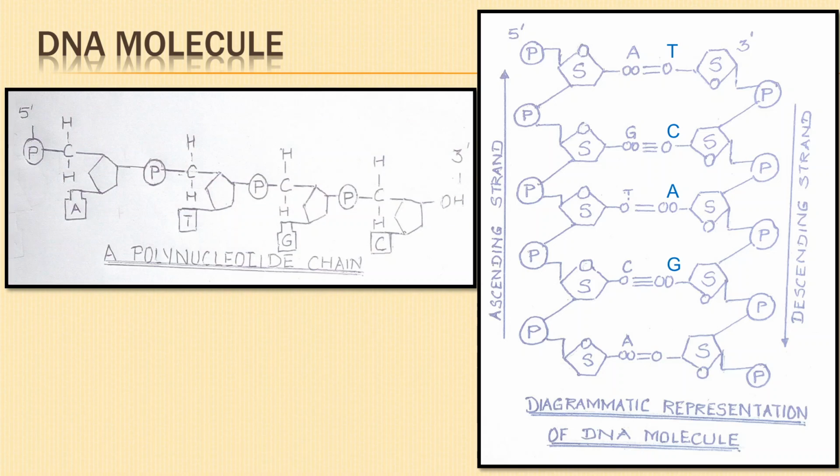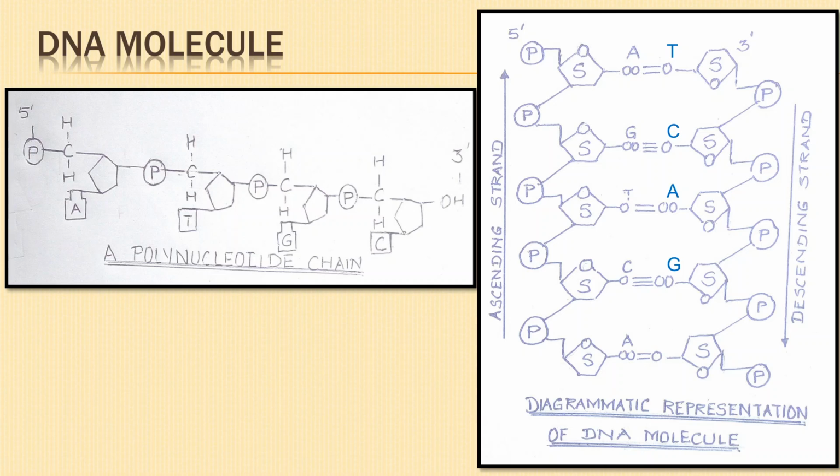Each strand is composed of nucleotides bonded together covalently between the phosphate group of one and the deoxyribose sugar of the next. The bases of one strand bind to the bases of the second strand with hydrogen bonds as shown in the diagram.